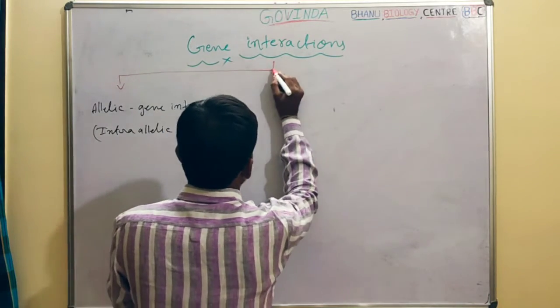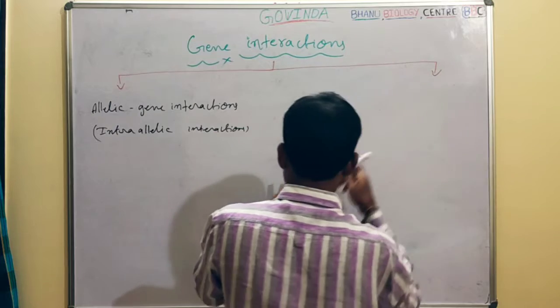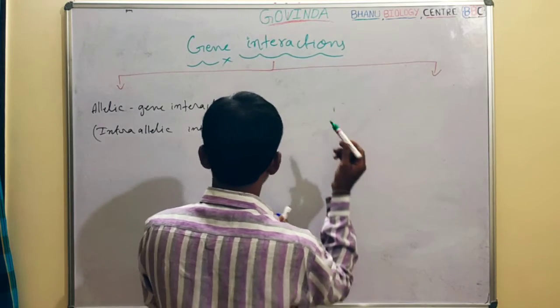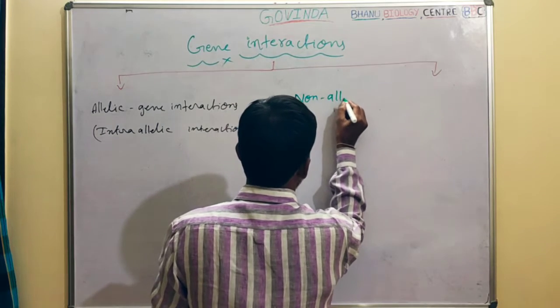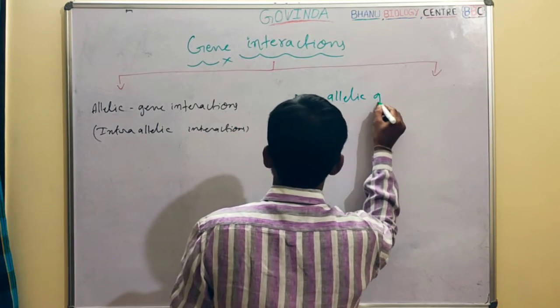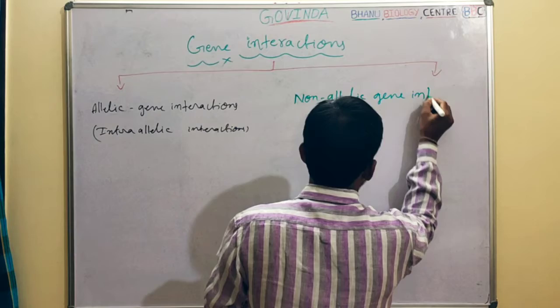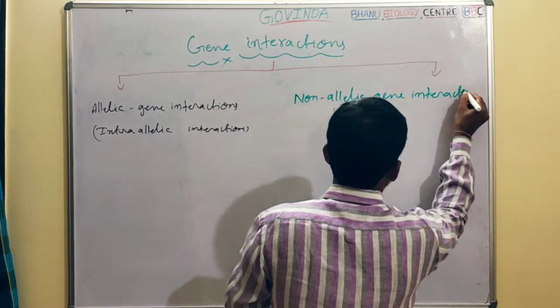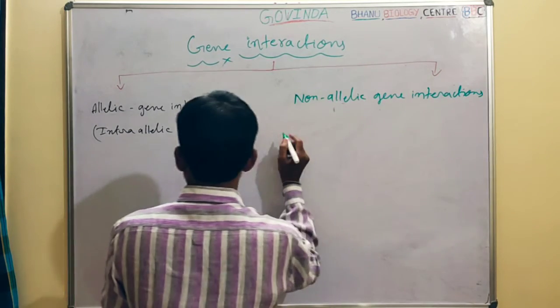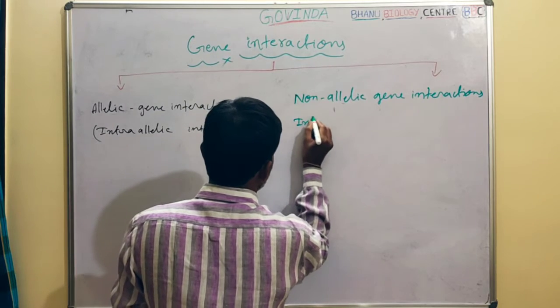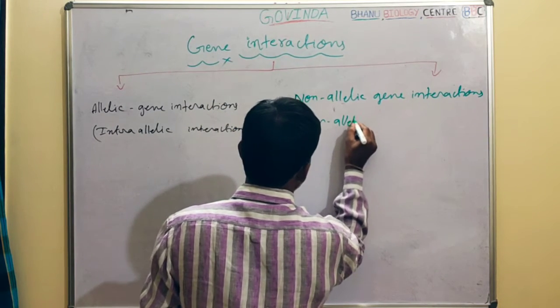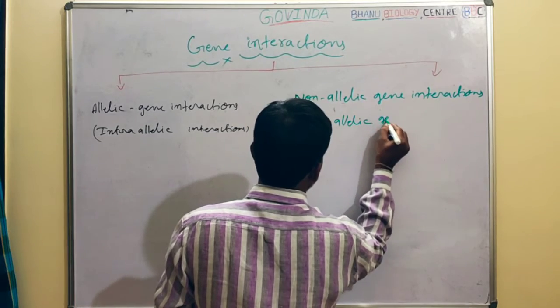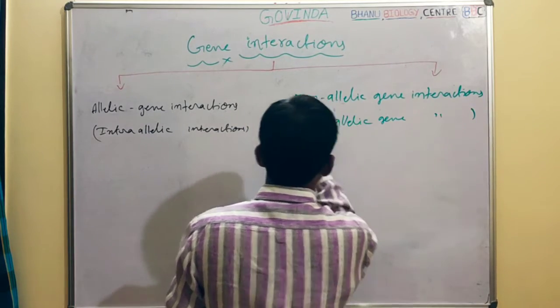The second type is non-allelic gene interactions, also called interallelic gene interactions.